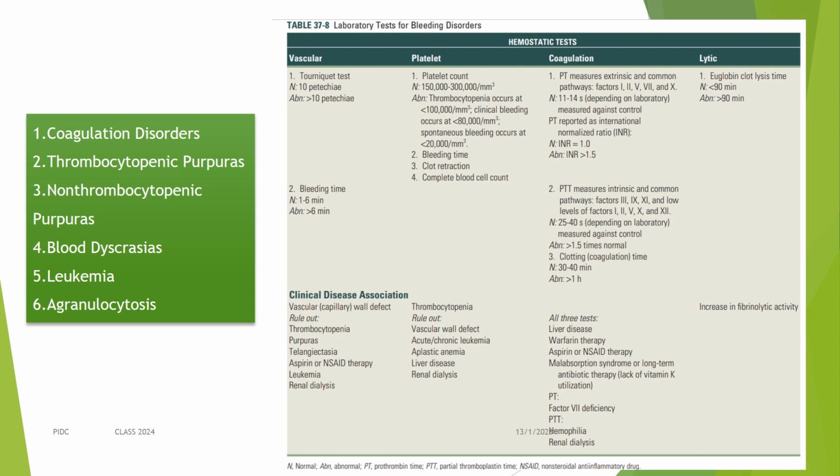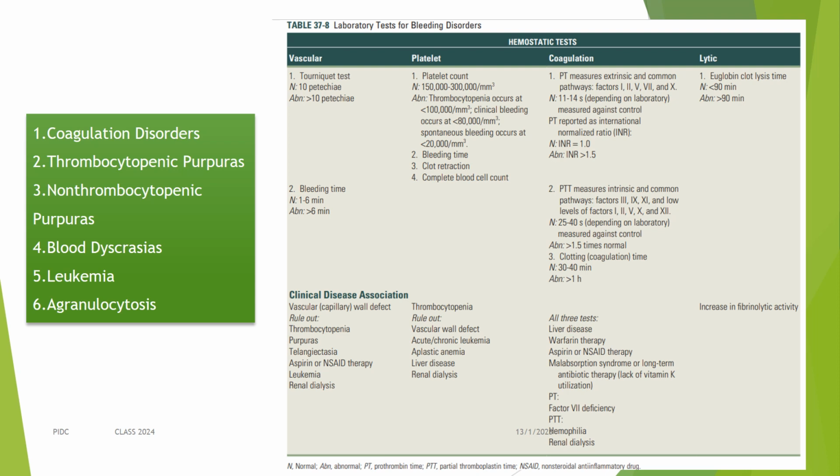To measure them, you have the prothrombin time, which is measured by means of the international normalized ratio, which you will be discussing in one of the slides, and the partial thromboplastin time, which measures the intrinsic and the common pathways, and the normal is around 25 to 40. Then the clotting time is around 30 to 40. So this is to be known by you.